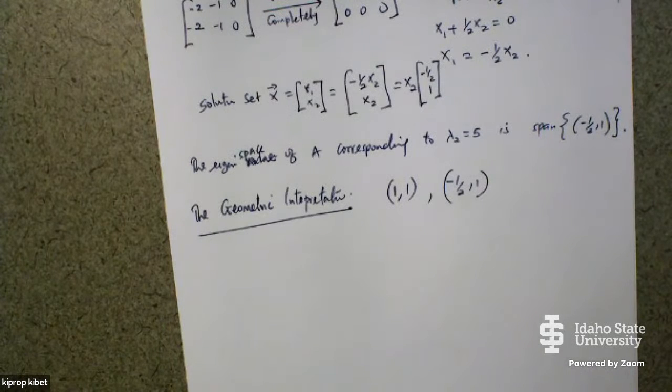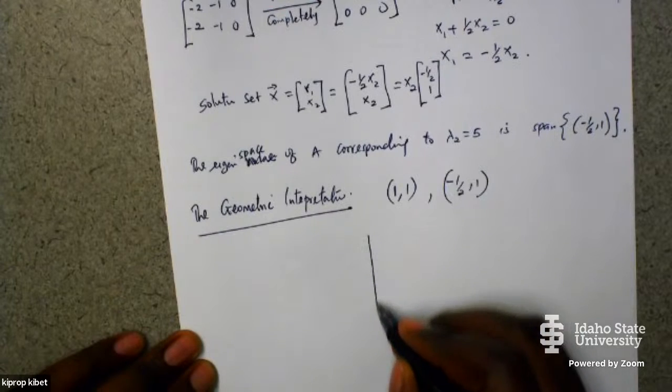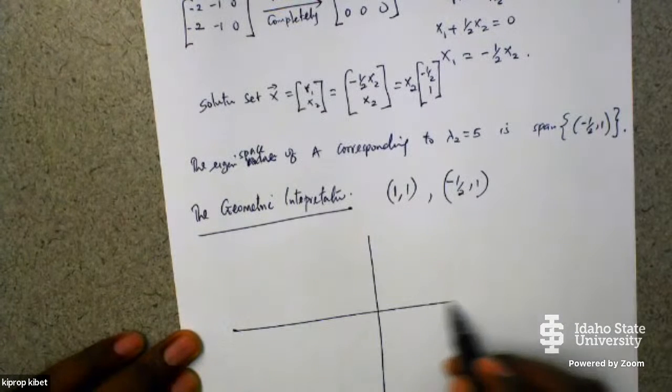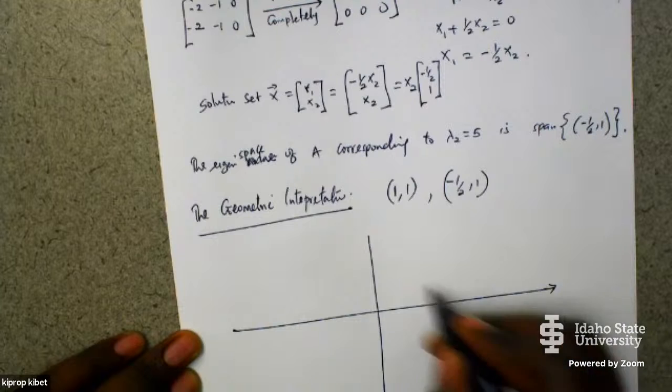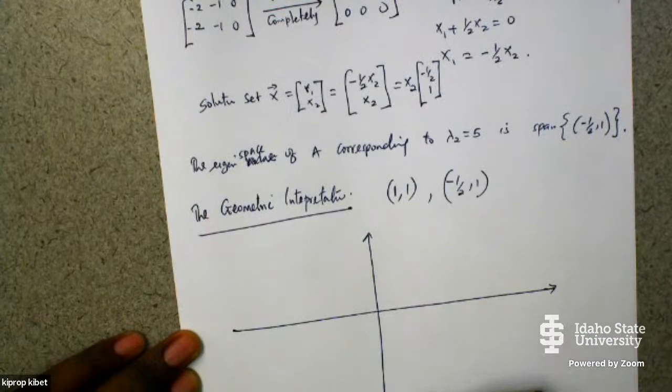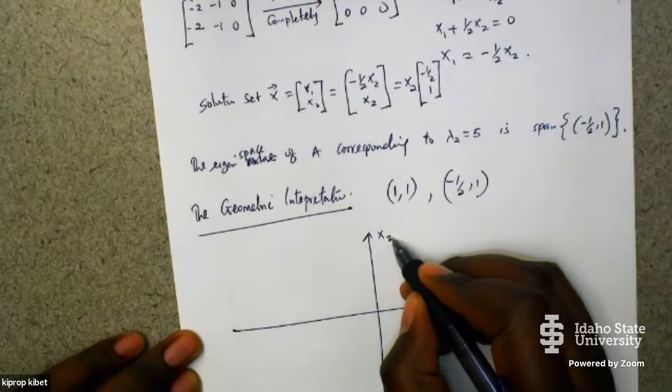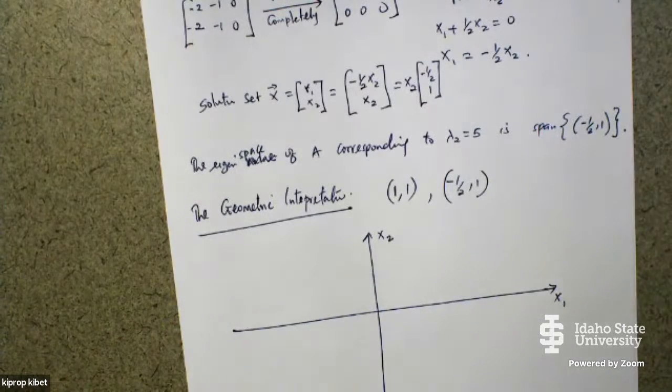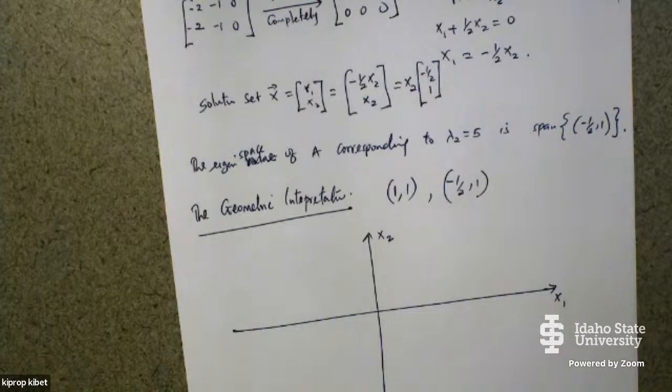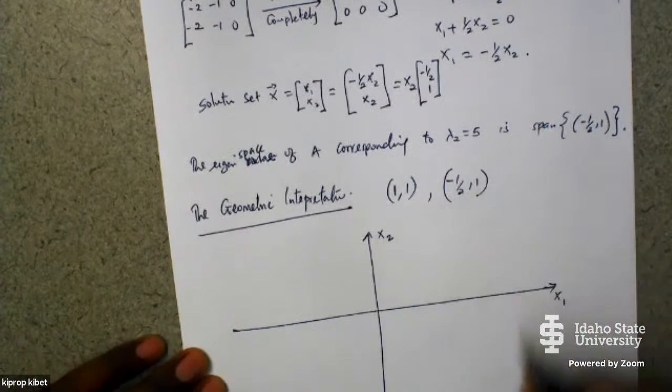So we can plot this, and we put this one as x1 and here as our x2. So -1/2 and 1.